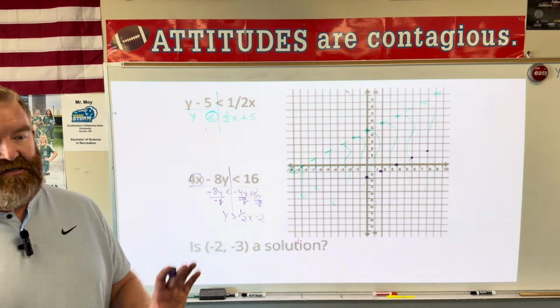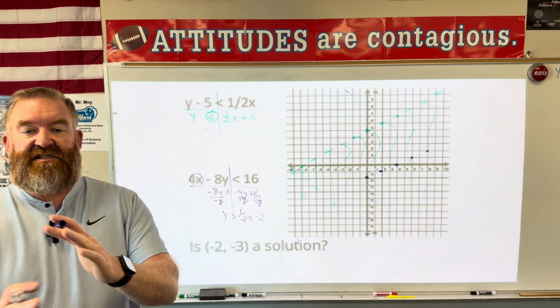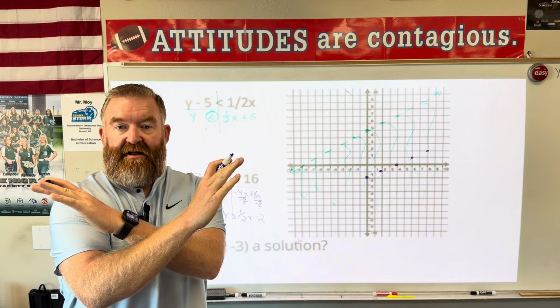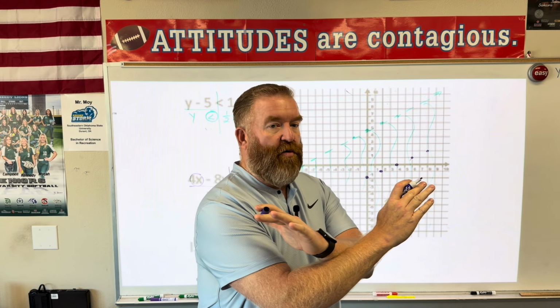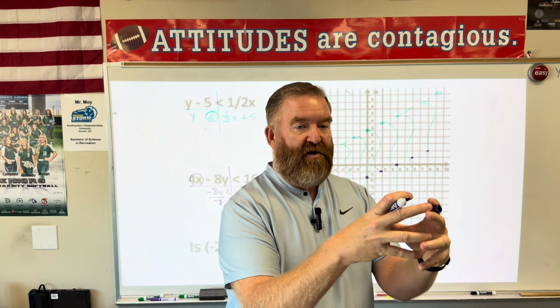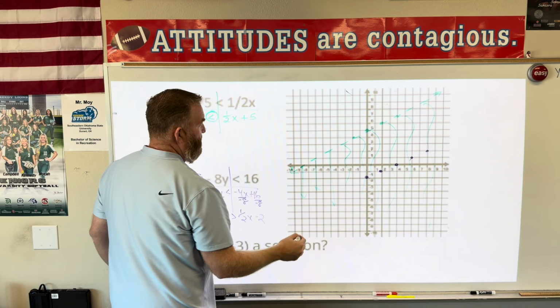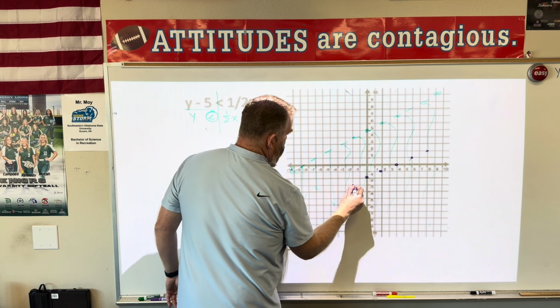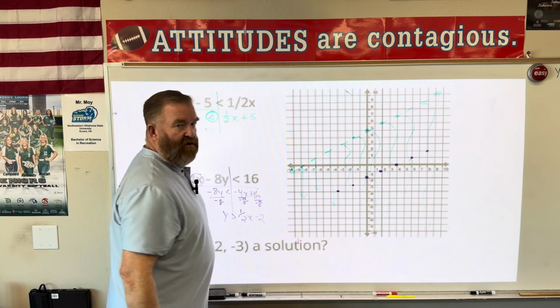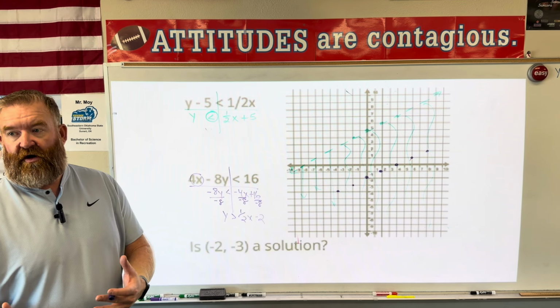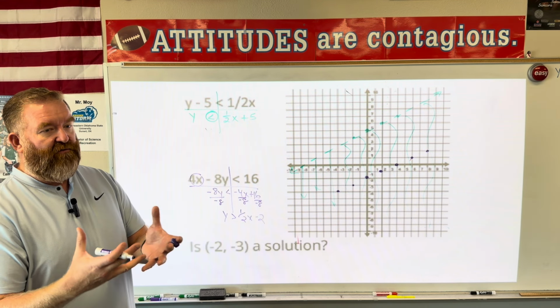No, it doesn't. When we're talking about linear systems, we're looking for the point where they cross. But we're talking about inequalities. We're looking for the shading that overlaps, right? So there's still a chance that this could work. Just because they're parallel doesn't necessarily mean no solution when you're talking about systems of linear inequalities. Does that make sense? We're looking for overlapping shading.